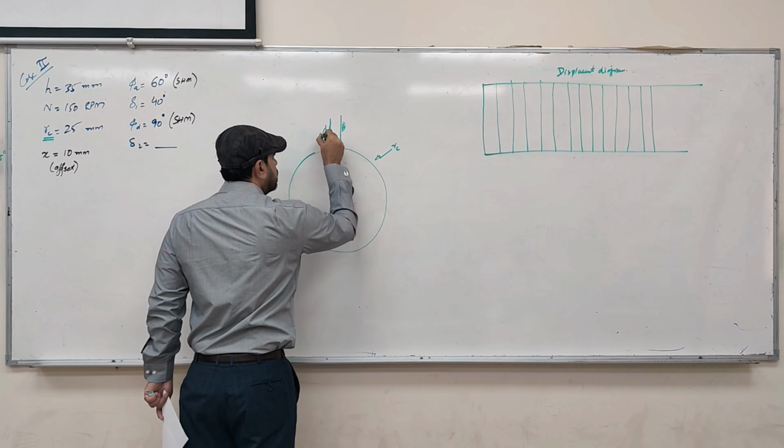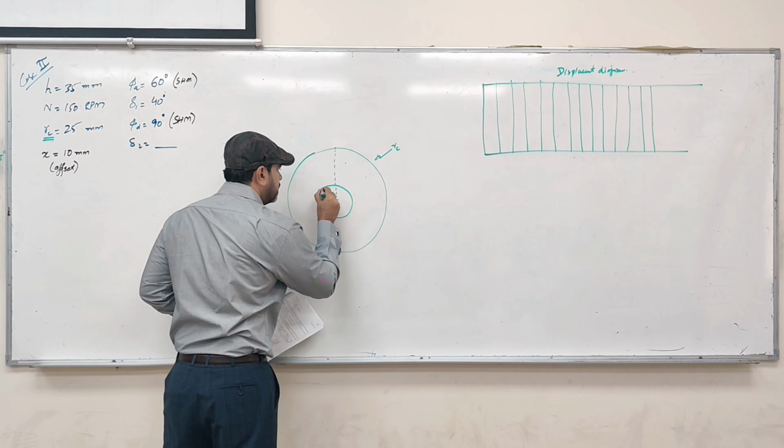Sorry, offset, we'll draw it later on. The location of the follower. Last time everything was measured from this line. Now this is offset by 10.